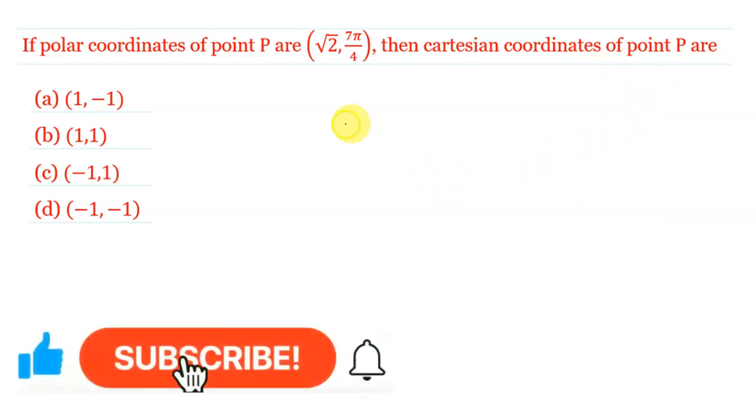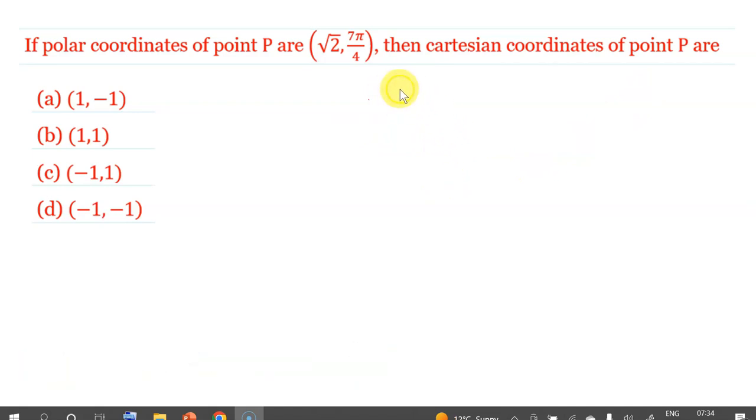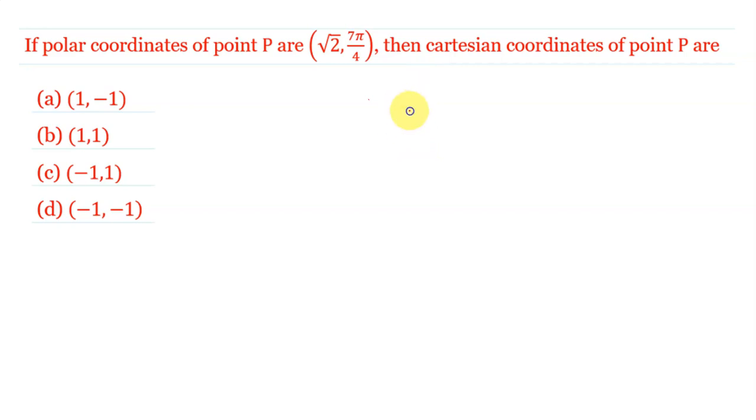To find the Cartesian coordinates, we have the formula x is equal to r cos theta and y is equal to r sin theta.